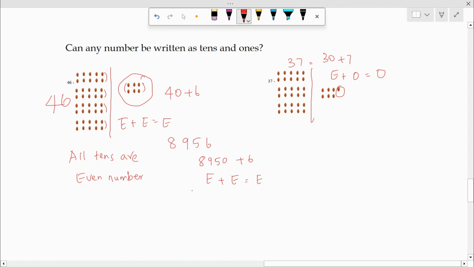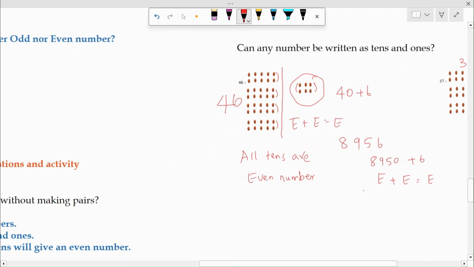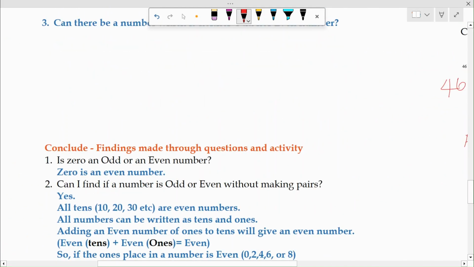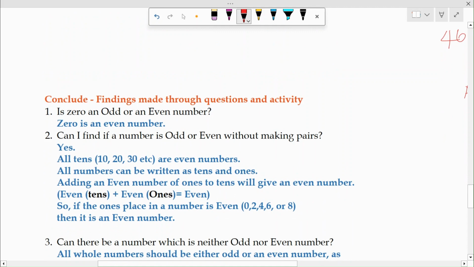So based on this observation, we can find out without making pairs. How? Basically we can say that all tens, 10, 20, 30, everything are even numbers, and all numbers can be written as tens and ones, like we saw 80,950 plus 6. So adding an even number of tens with the even ones.